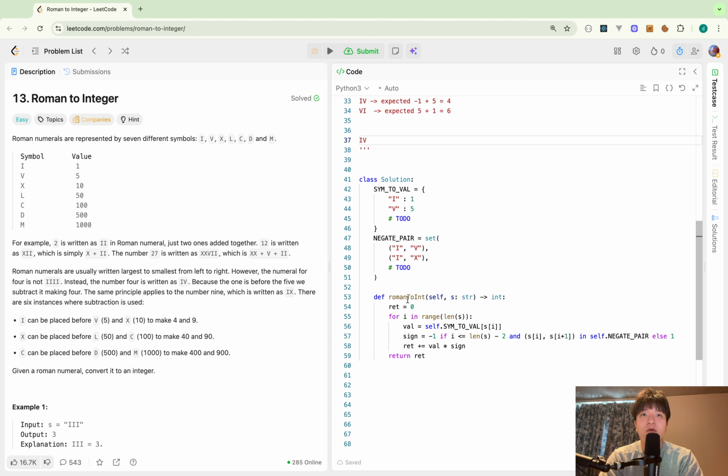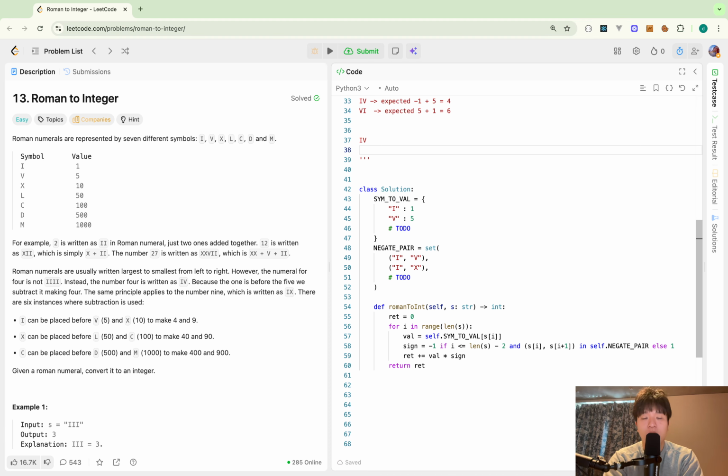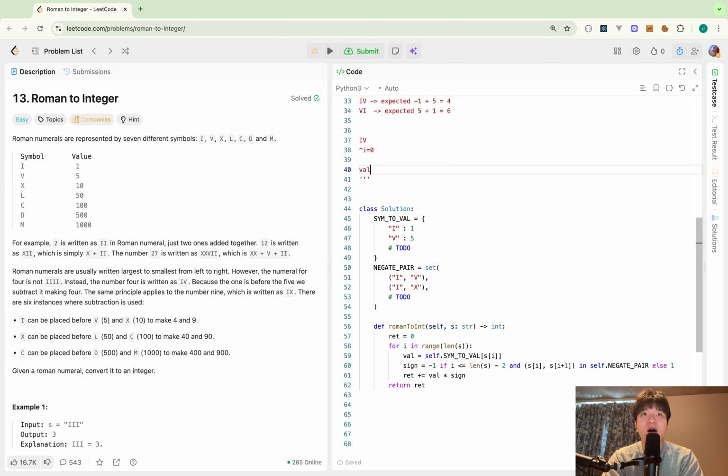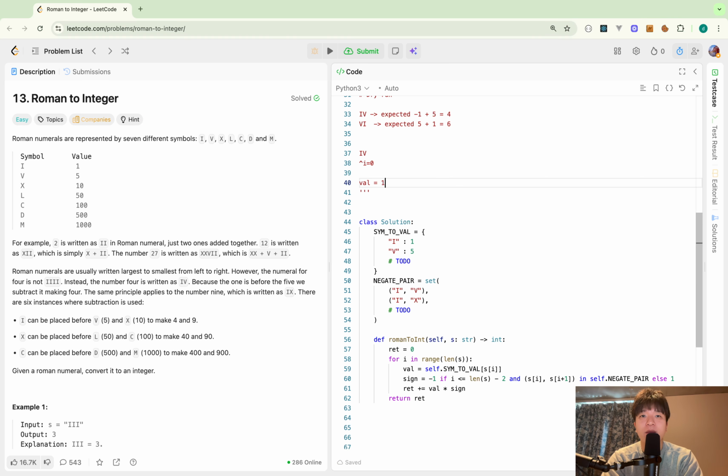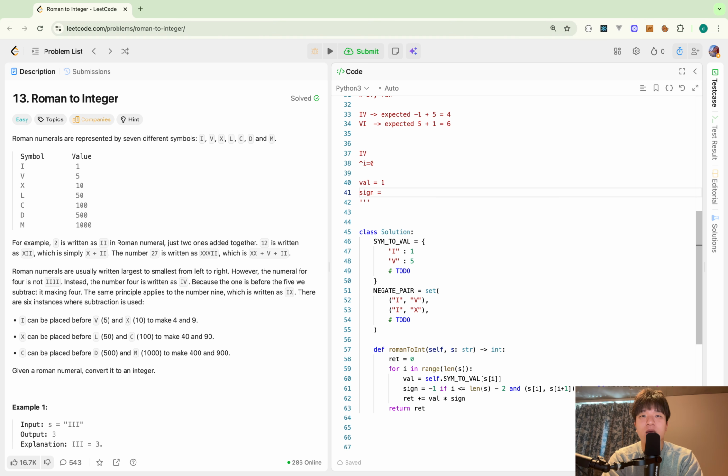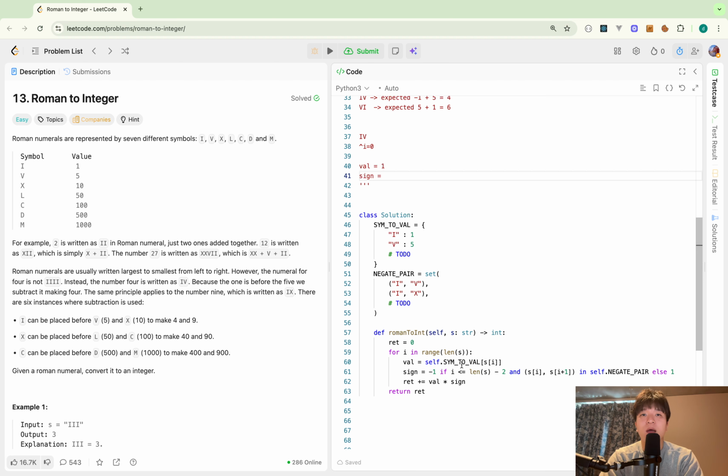Okay, so let me check with it. So now res is 0, and when i is here, bar should be sym to var s i, which is 1. Yep. Sign should be, i is 0, which is 2 minus 2 is 0, length minus 2, yes.